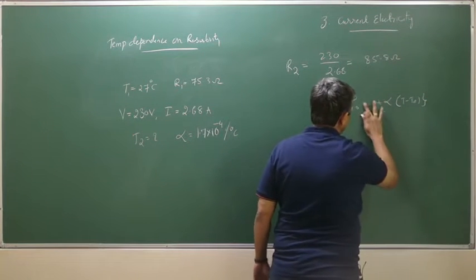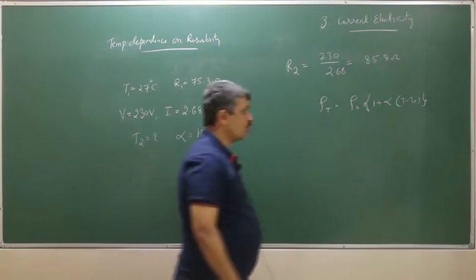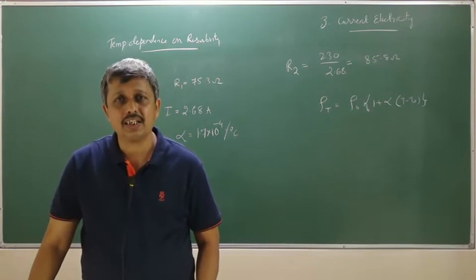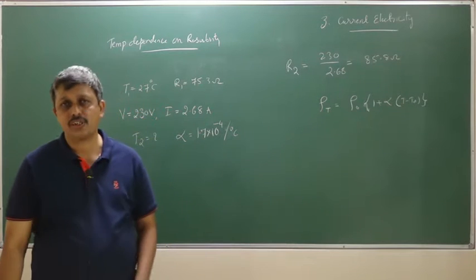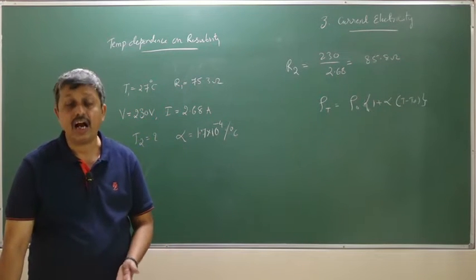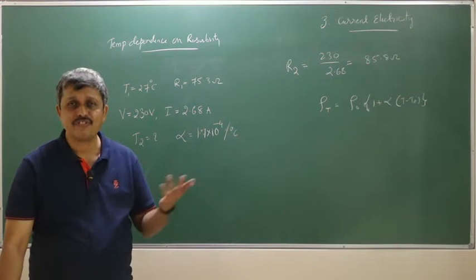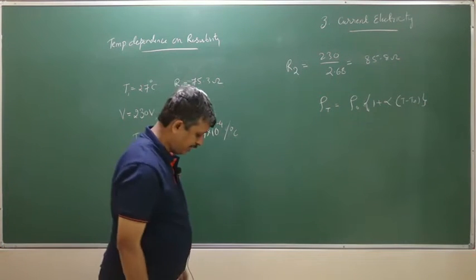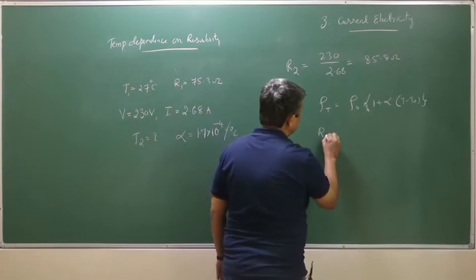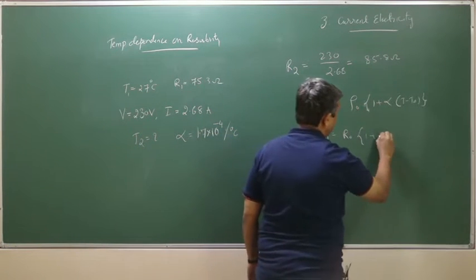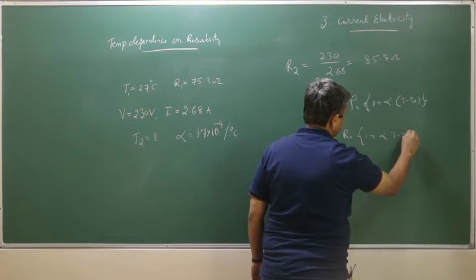Now this formula is written for rho, but it could as well be written for R, because rho to R conversion is multiplying by L by A. Rho L by A is R. The L and A being the same, since it is the same nichrome wire, we can simply write it as R T is equal to R naught into 1 plus alpha into T minus T naught.